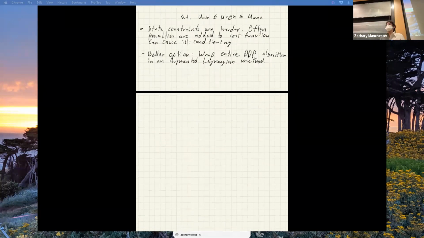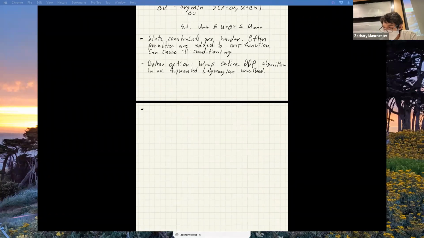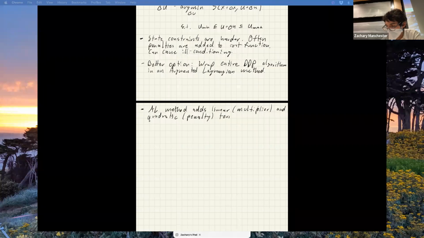So this is in fact what our lab's fast custom solver does, and I'll show you some of that. The AL method, like I just said, adds linear, AKA Lagrange multiplier, and quadratic, AKA penalty, terms to the cost.